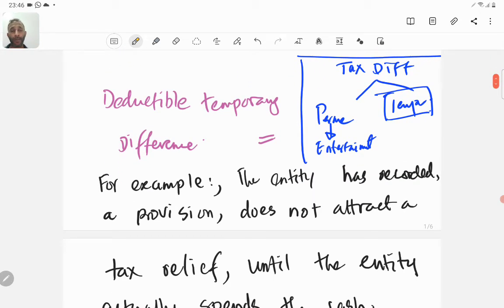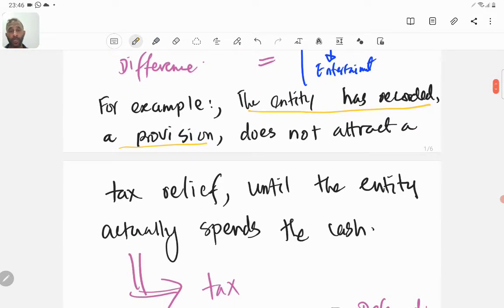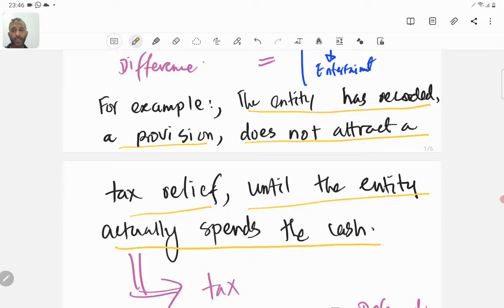For example, an entity has recorded a provision according to financial accounting principles under IAS 37. We need to record provisions, but under the tax principles, when calculating the tax return, we will not do that. It does not attract tax relief until the entity actually spends the cash.